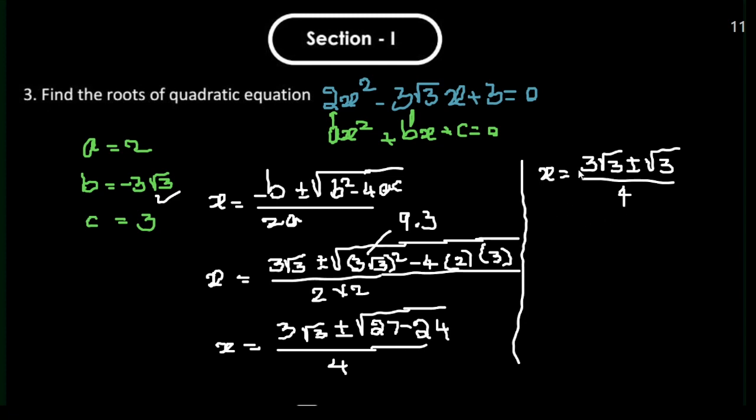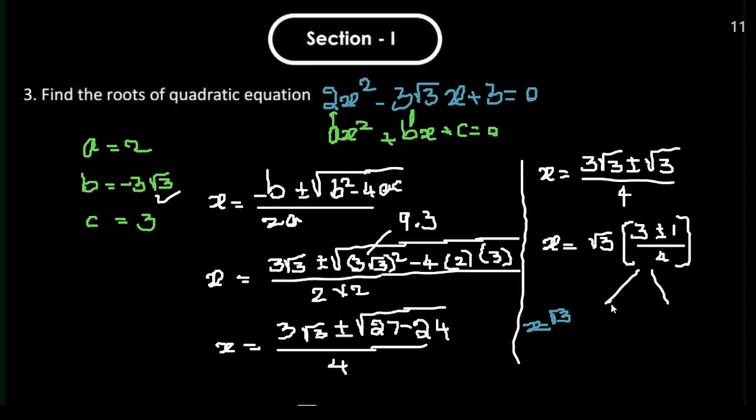So in both the terms of the numerator, we have root 3 in common, right? So let's take root 3 common. Then it is 3 plus or minus 1 by 4. Okay, either we can consider plus or we can consider minus, right? So if I consider plus first, then x is equal to root 3. Then what is 3 plus 1?